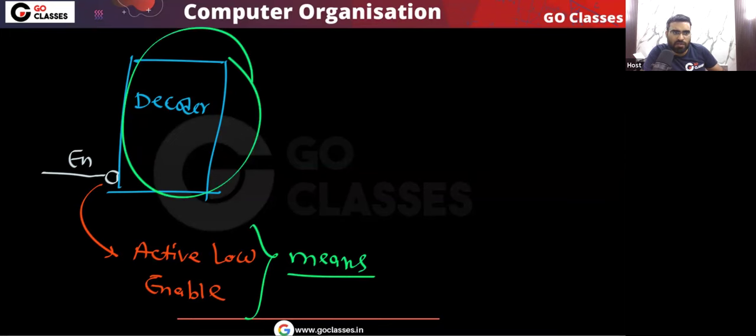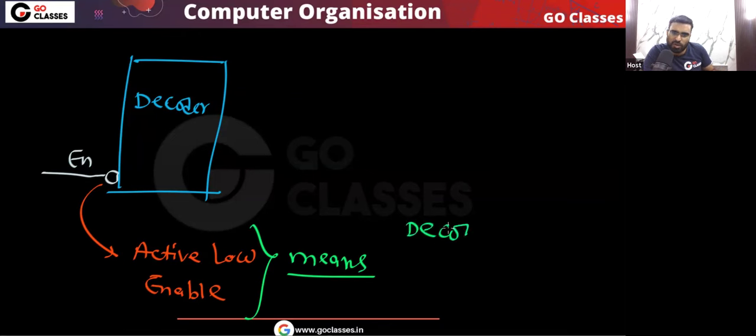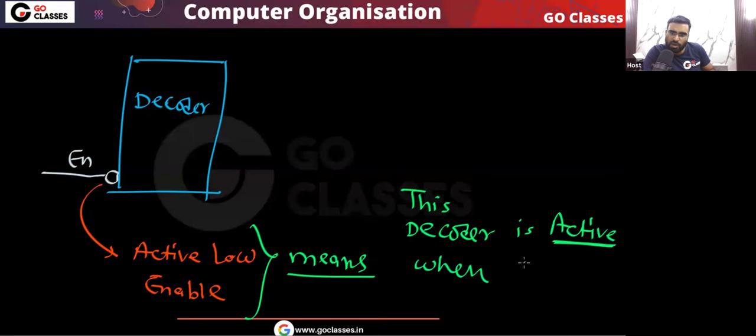It means this decoder will be activated when you apply the signal 0. Yes or no? This decoder is active when you apply the signal 0, because remember, this bubble simply indicates active low enable. It means this decoder will be active when this signal is low, when the signal is 0. Is this clear?